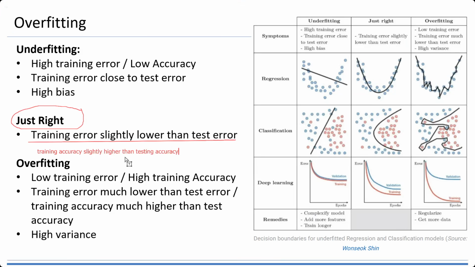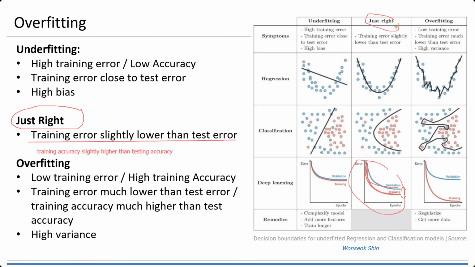If the gap between the training accuracy and the testing accuracy is not that big, the model can be accepted. So the model can be the just right model. For example, if you look at this one, the error between the training and the testing is not a big gap, then we can say this is a just right model.